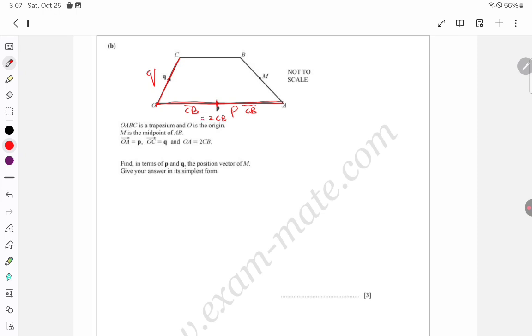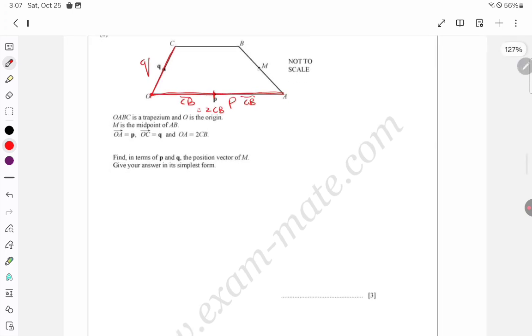So in order to find in terms of P and Q the position vector of M, from the origin, this is one side, OA is our first side and AM is the second side of this resultant. So we can say that OM is equal to OA plus MA.